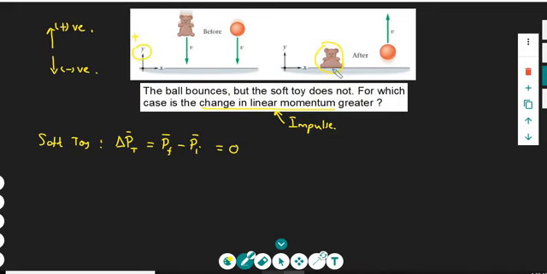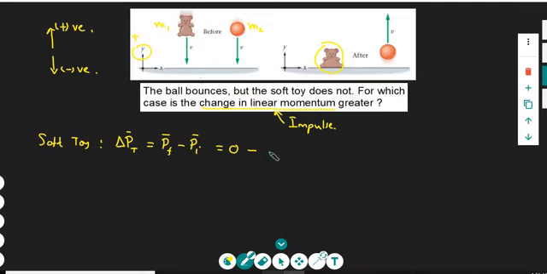Since the velocity is 0, even though there's mass, the linear momentum is 0 after it hits the surface. Then minus the initial linear momentum for the soft toy. Let's assume that the soft toy has a mass of m1 and the ball has a mass of m2. Even though it's not given, we can assume they have two different masses.